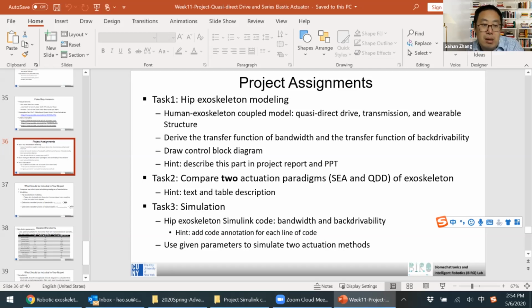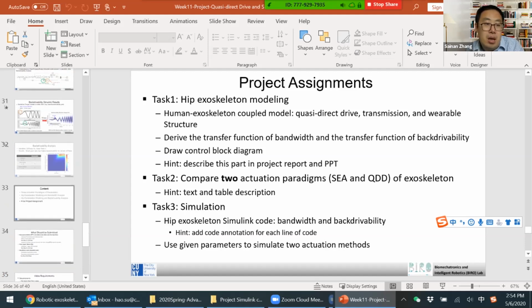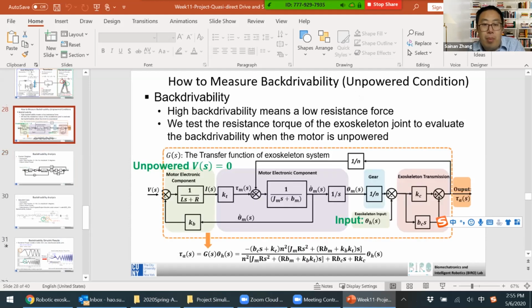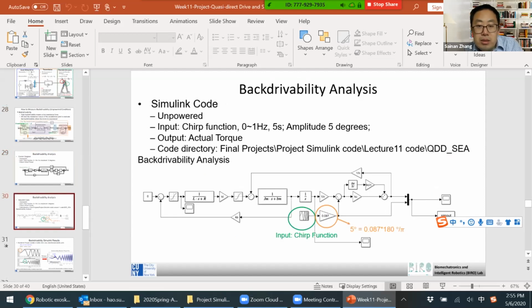For example, we have a block diagram in PowerPoint, and also this is the block diagram in Simulink. Either way is okay, but I really think you should use Simulink because it is a nice tool with a graphical user interface. You can see each component. Does that make sense?